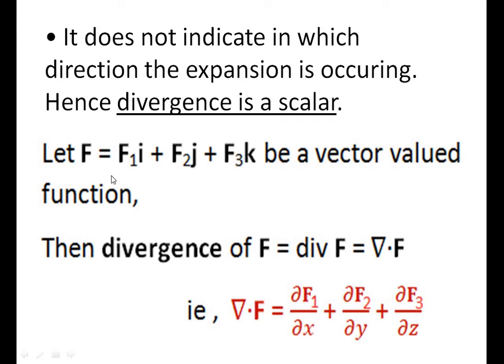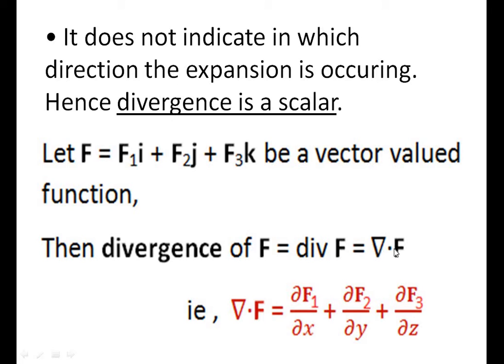Next we move to the derivation of scalar quantity, divergence. What is meant by divergence? Okay, let F equal to f1 i cap plus f2 j cap plus f3 k cap be a vector valued function. Then the divergence of capital F or vector F equal to divergence of F, that's equal to del dot F. Okay, that is the dot product of del and the vector capital F. We know del means gradient operator, and F is the given vector valued function, taking whose dot product.